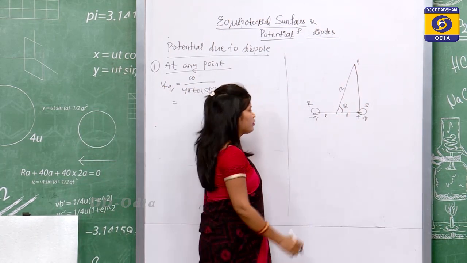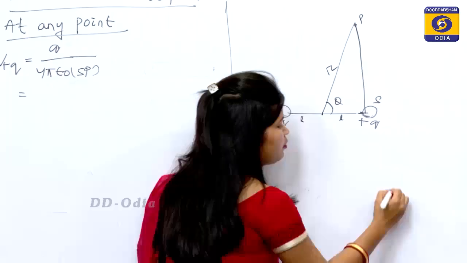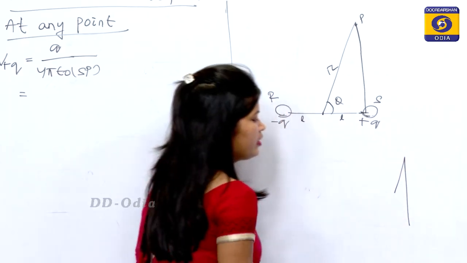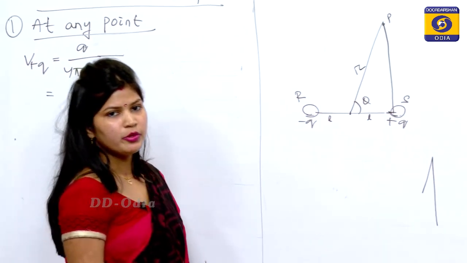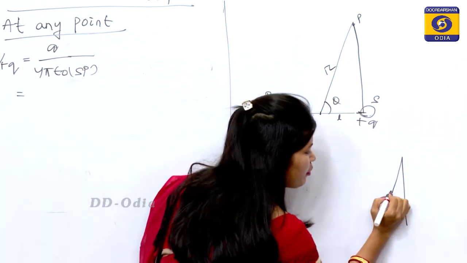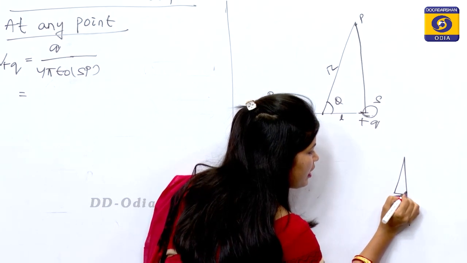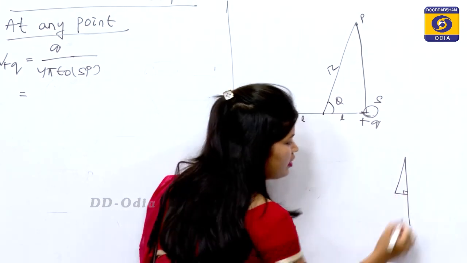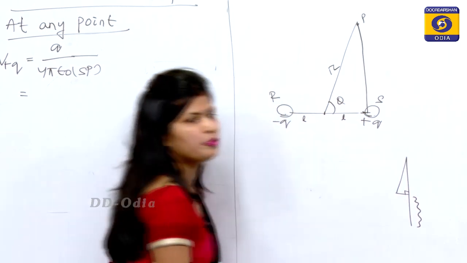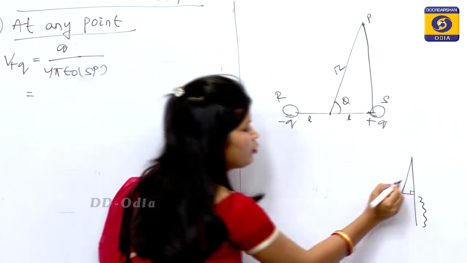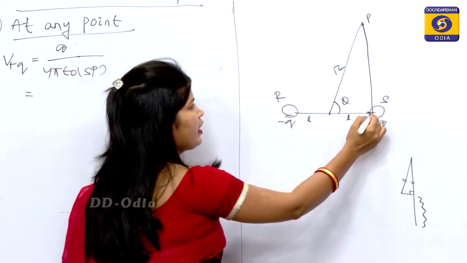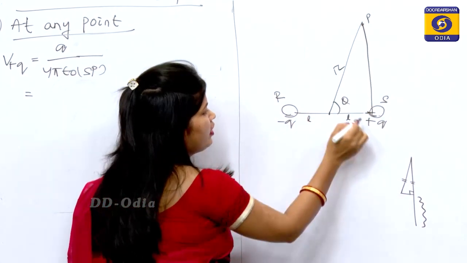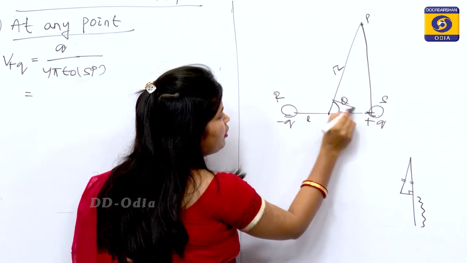How do we calculate the SP distance? Suppose these two lines are there. What is the path difference between these two lines? I will make a perpendicular from this line to this line, and this difference is our path difference. Now, these two lines are equal, so in order to get the distance SP, I will put a perpendicular.